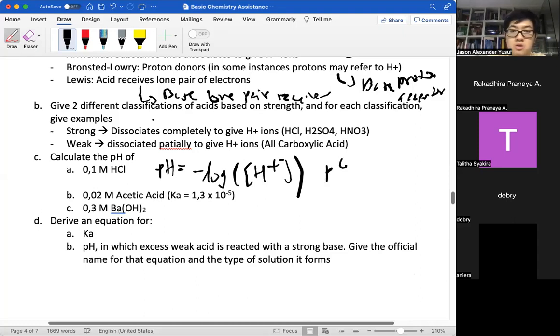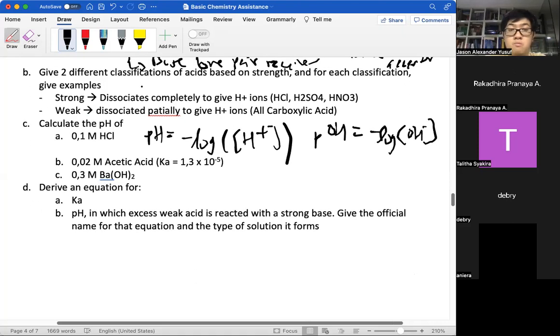We also have POH, which is negative log OH minus. And we know that the greatest number in the pH scale is 14, and this is the addition of pH plus POH. So remember these three formulas when you are calculating pH, and they apply to all forms of acids and bases.